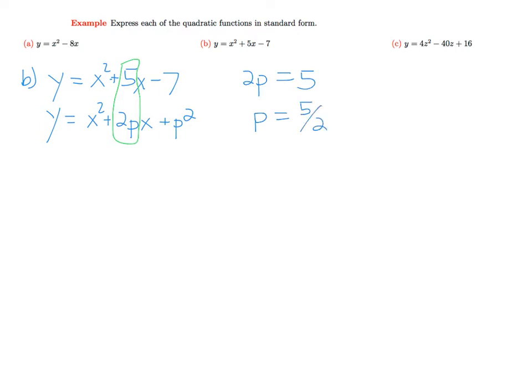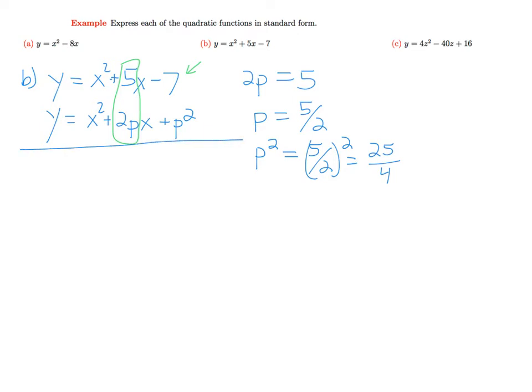Therefore, to complete the square, the constant on the right side needs to be 5/2 squared, which is 25 over 4. So instead of the minus 7, I would like to have 25/4. To figure out how to get the 25/4 onto the right side, let's do this in 2 stages.